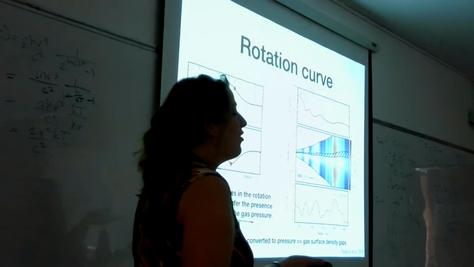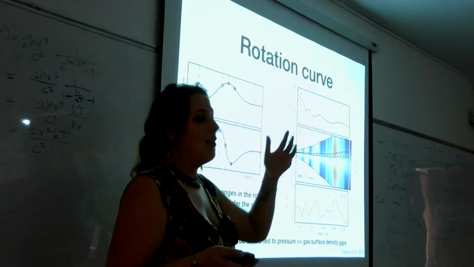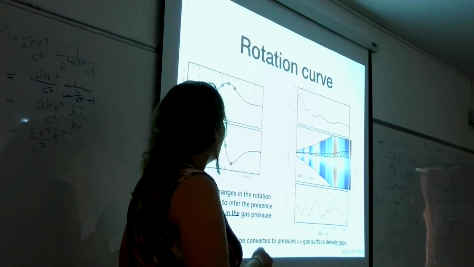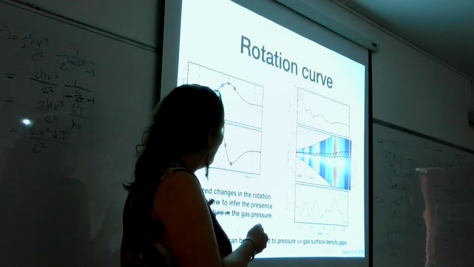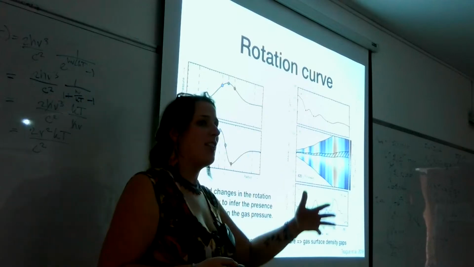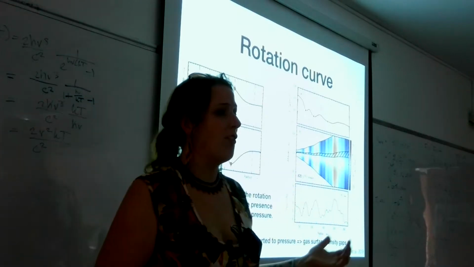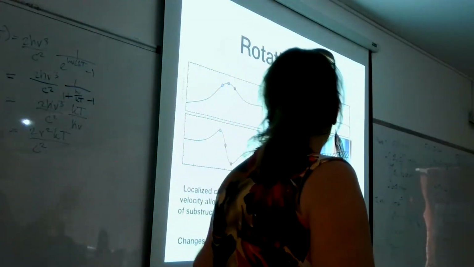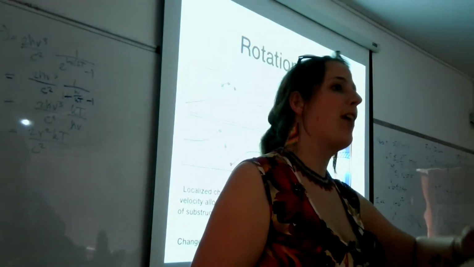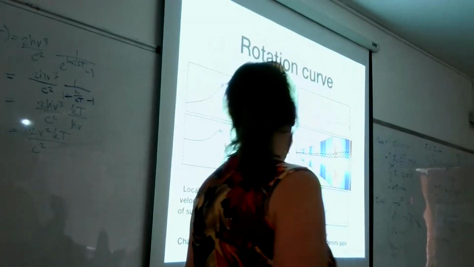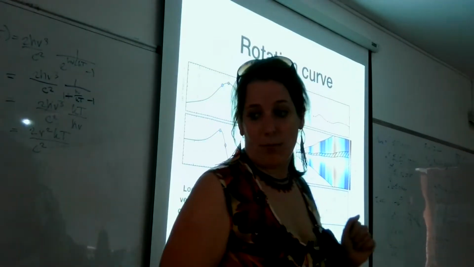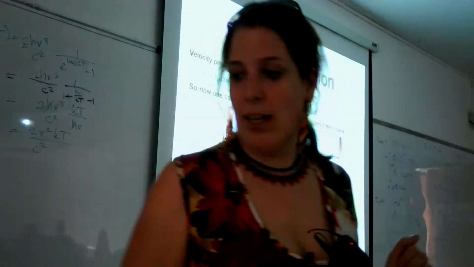One of the ways to get changes in pressure is changes in gas surface density. So he derived that there had to be drops in the gas surface density based on these changes in the velocity. He actually measured gas gaps without looking at the CO intensity, but by looking at the CO velocity. So that was pretty cool.